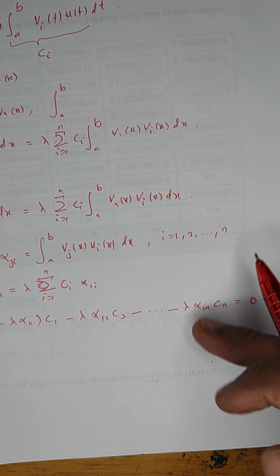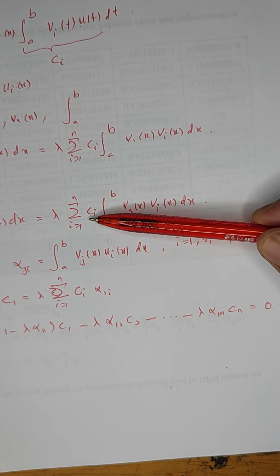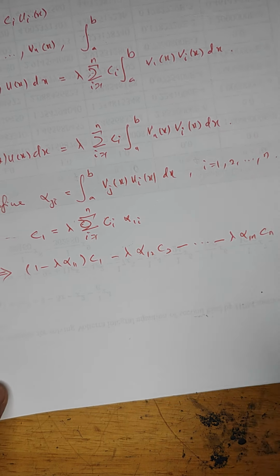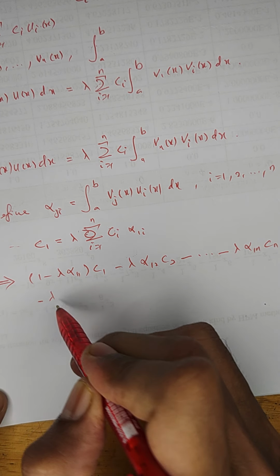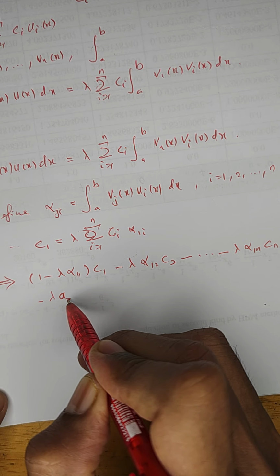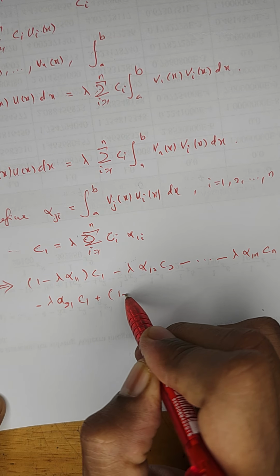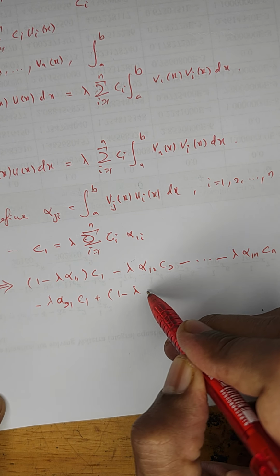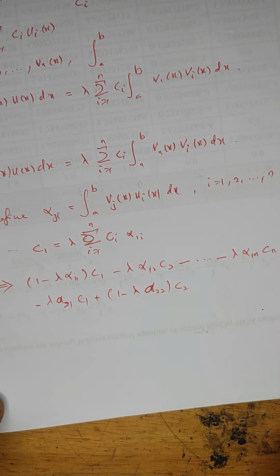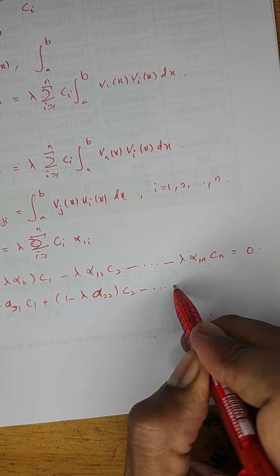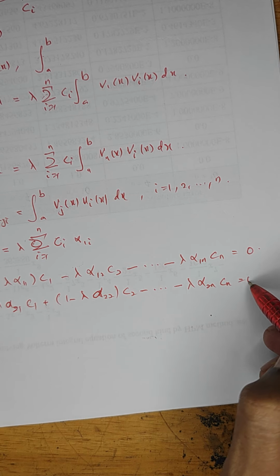So if you proceed with the second equation, third equation, and so on up to the n-th equation, what we find is that for the second equation we have minus lambda alpha 21 C1 plus (1 minus lambda alpha 22) C2 and so on, minus lambda alpha 2n Cn equal to 0.